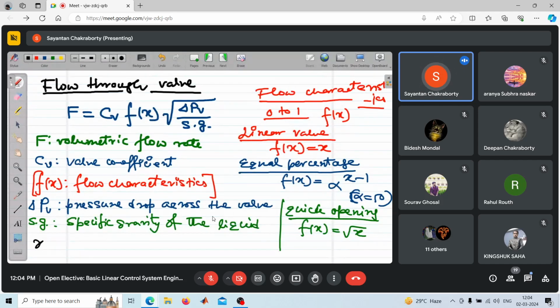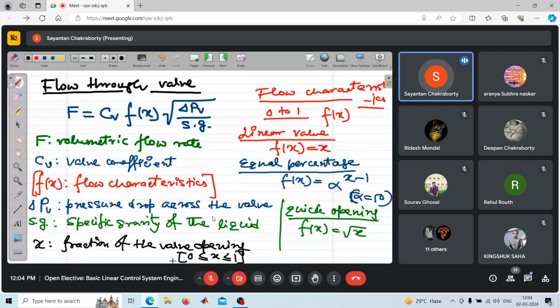This is a very important thing. X is equal to the fraction of the valve opening. Right? So these are the different kinds of valves that you can think of.